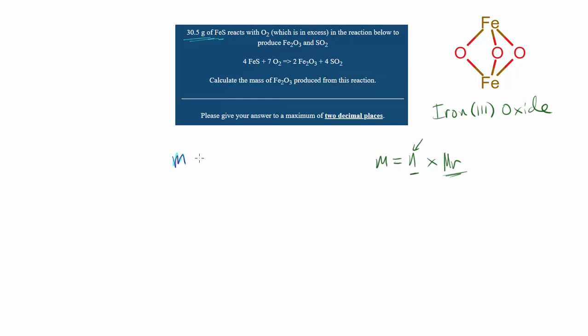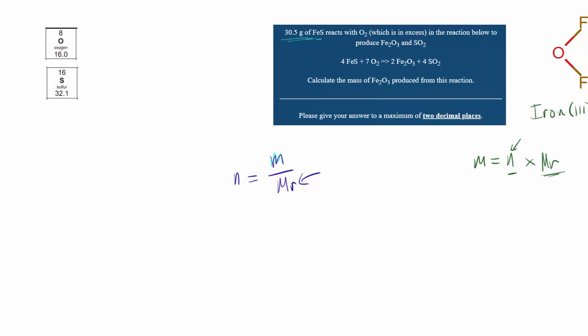In theory, the moles would be equal to the mass divided by the molar mass, right? So if we can work out the molar mass, then we can work out the moles because we've got the mass in the question. So this is what we're going to do. We're going to work out the molar mass of FeS, right? Yeah, FeS.